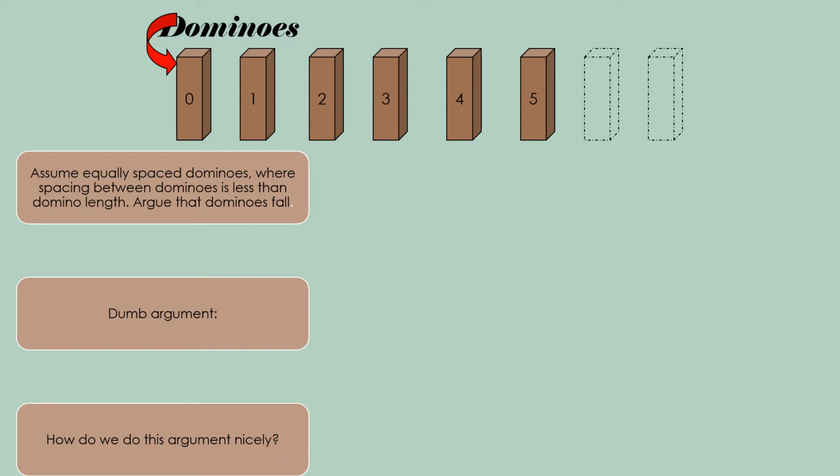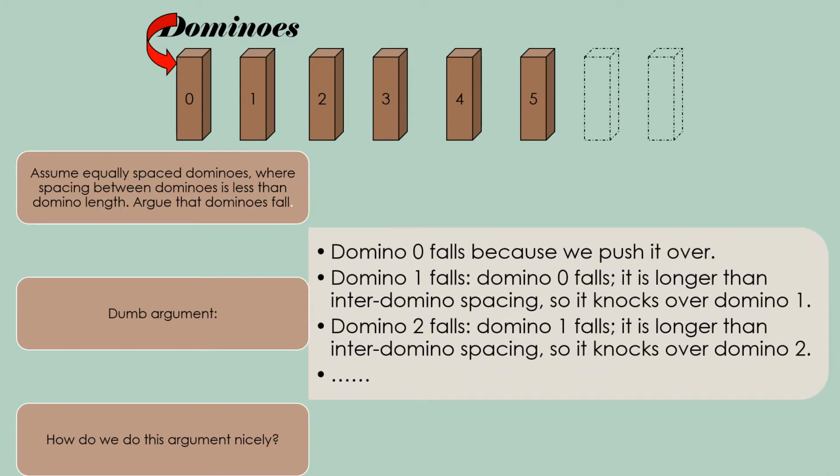The argument is, suppose the first domino falls because we are pushing it. The second one will fall because the length of the first one is less than the distance between these two, so definitely it will knock over the second. The same case again, because the length is smaller. So like that it continues.